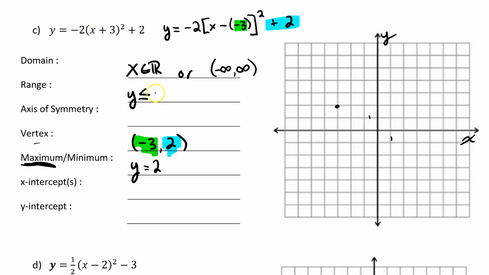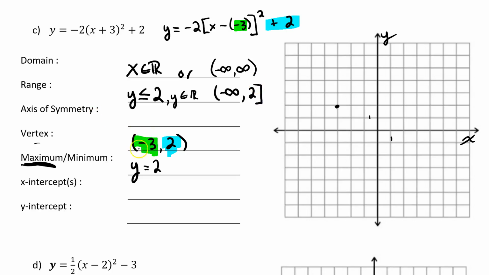Y is less than or equal to 2. Y is an element of the reals. Or we can say, this is where it kind of gets a little bit backwards, because we can go from negative infinity in the y. Oh, not -2. Negative infinity to the positive value of 2. And it includes 2, so we put that square bracket.